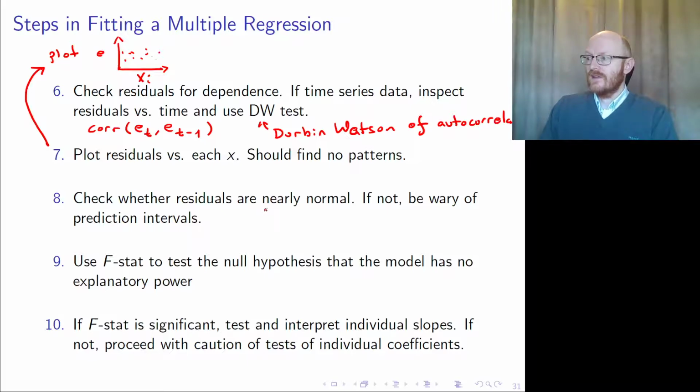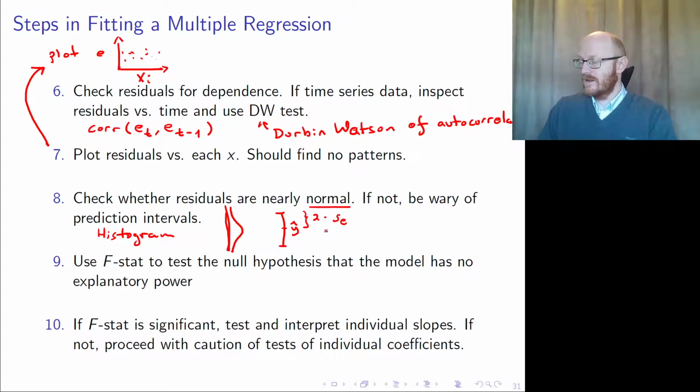And if the residuals are normal, which you check with a histogram, then you can make prediction intervals by using the estimated y and the standard error or standard deviation of the errors, to get the 95% prediction interval.